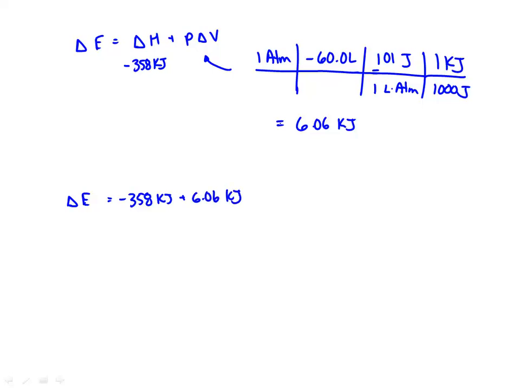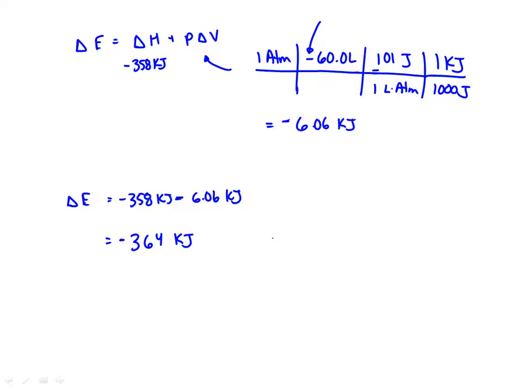Oops, this is a negative, because there's my negative sign, so this really needs to be a negative. And so that is plus 358. I never plug the minus sign into my calculator, so I always have to remember to put it down. So the change in energy for that reaction is 364 kilojoules.